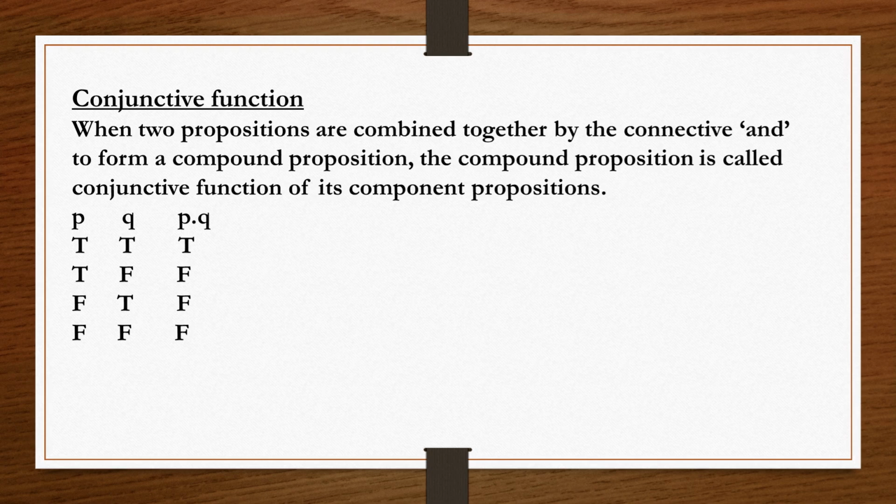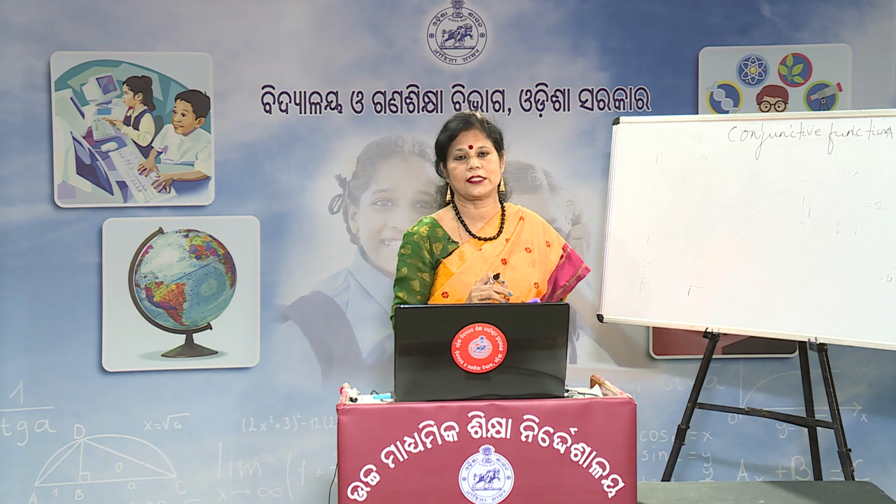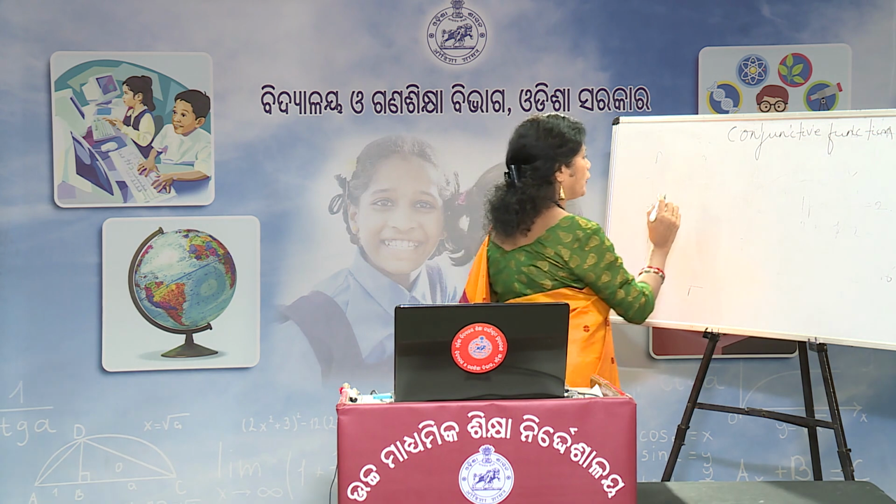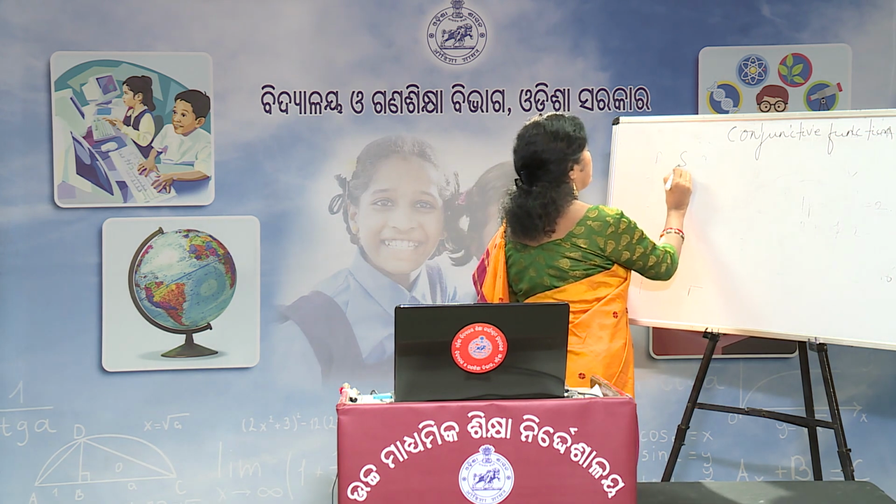For example, sun rises in the east and sun sets in the west. This is one conjunctive proposition.